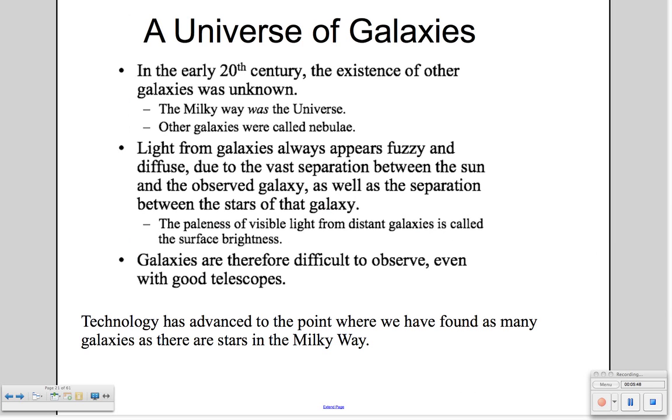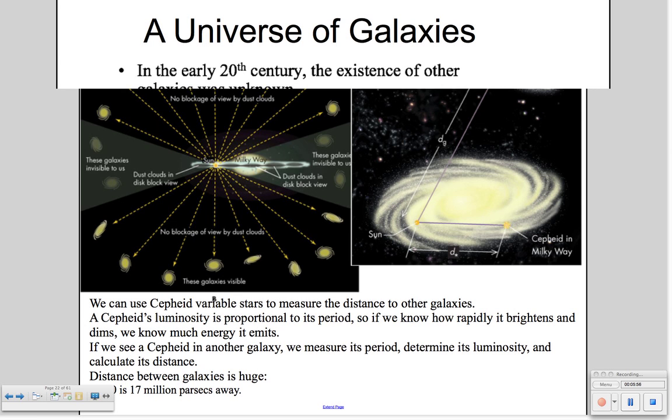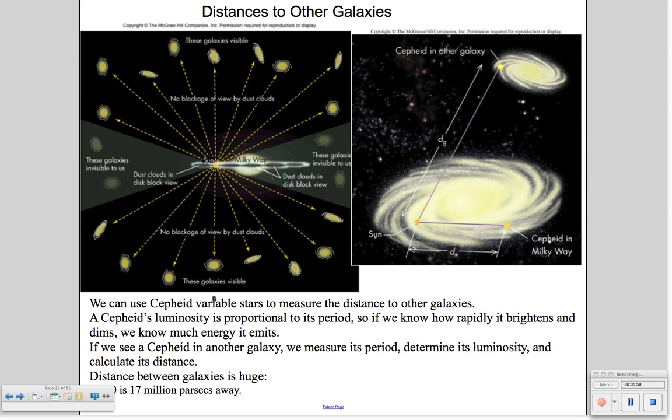But technology has advanced to the point where we have found as many galaxies as there are stars in our Milky Way, which is about 100 billion. On the left, we see a little map of the universe from our own Milky Way. We see the sun there, and we see all these other galaxies that are fairly close by, and we find the distance to these galaxies using the Cepheid variable method.